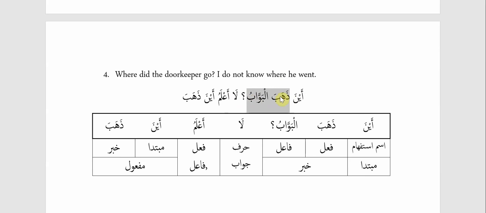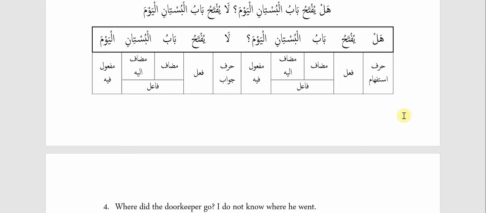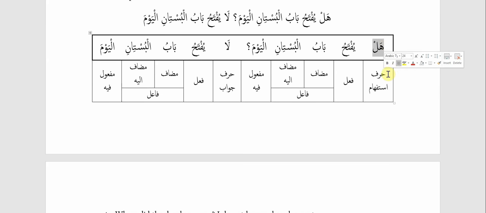If you want to ask where he went, all you have to do is throw in the questioning istifham. But in this case, it's going to be ism istifham. Ayna dhahaba al-bawab? And because of that, that is the mubtada. Or because it starts with a noun in this case. Before you had a harf. See, hal is considered a harf, and because it is a harf, you don't have sentences of harf.